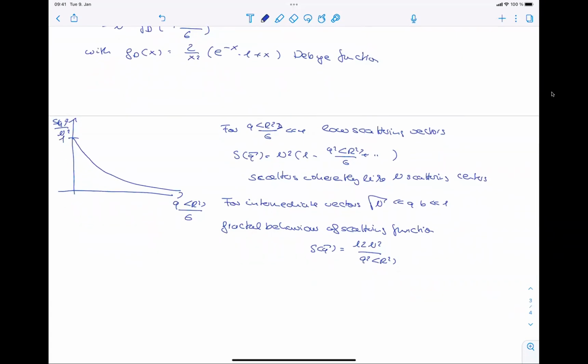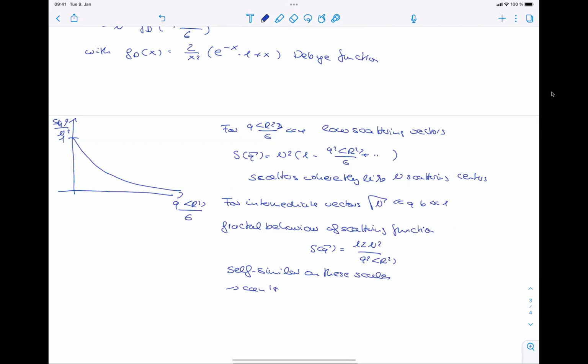And so here we can't actually resolve that the polymer is built from individual segments. So this is self-similar on these scales.